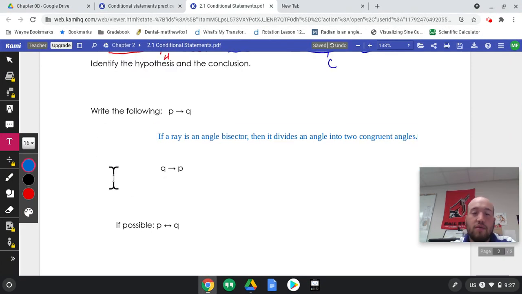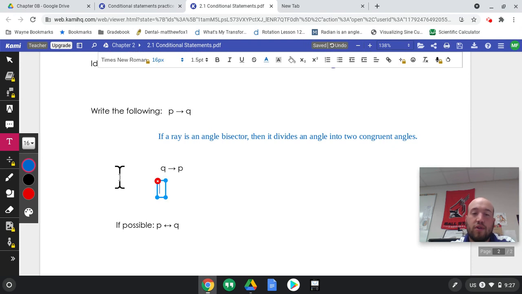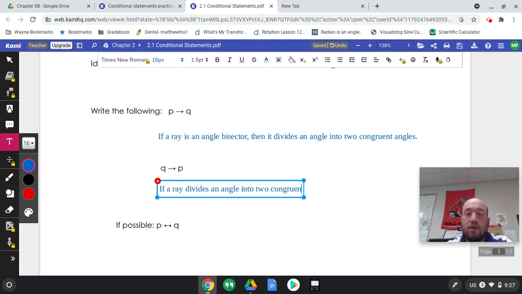And then the converse will be the same, but in the other order. So now I'm going to keep ray at the front because that's kind of identifying what it is. But if a ray divides an angle into two congruent angles, then it is an angle bisector.